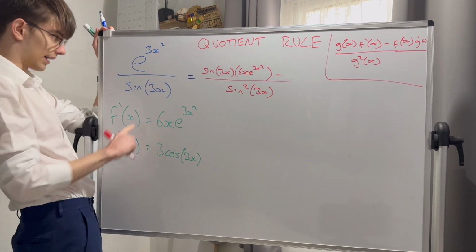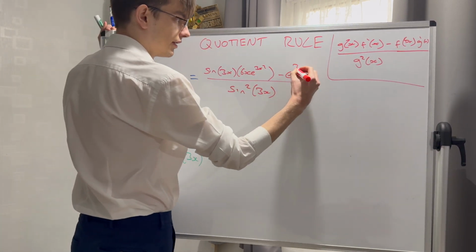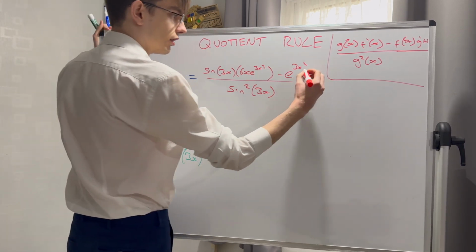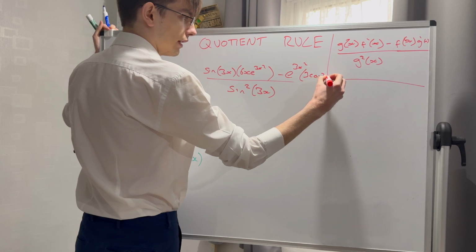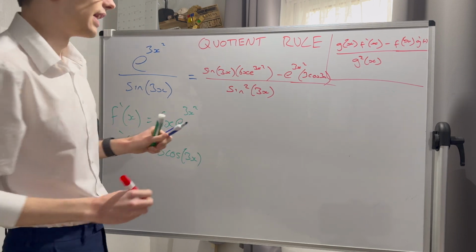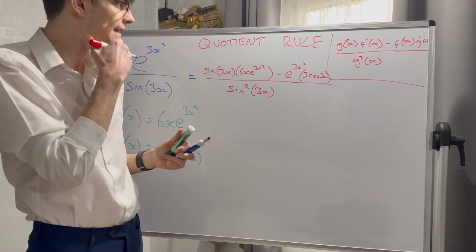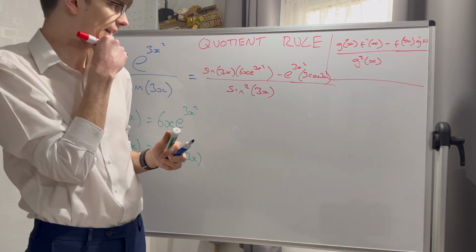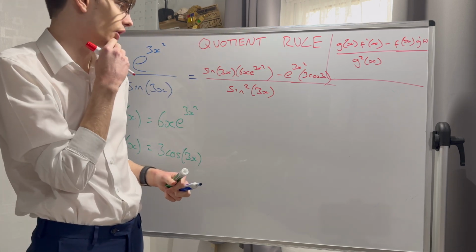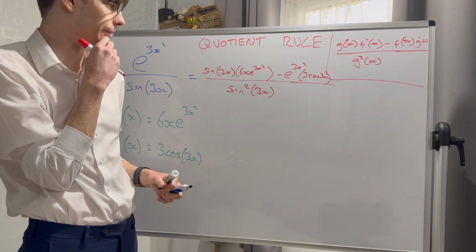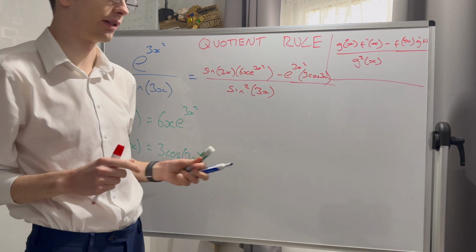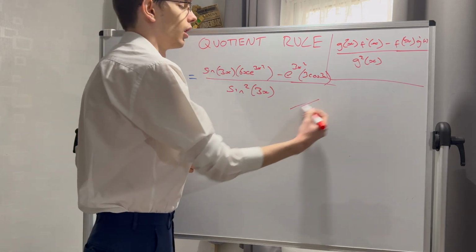Minus f of x, which is e to the 3x squared, times g prime of x, which is 3 cos 3x. I've run out of room. And again, maybe there's some simplifications you can do here. Can I see any? Apart from factoring out an e, I don't think I can see any trig simplifications here. If you can, let me know. I may just be being stupid, but off the top of my head, I can't see any with the 3x's. So we are done.